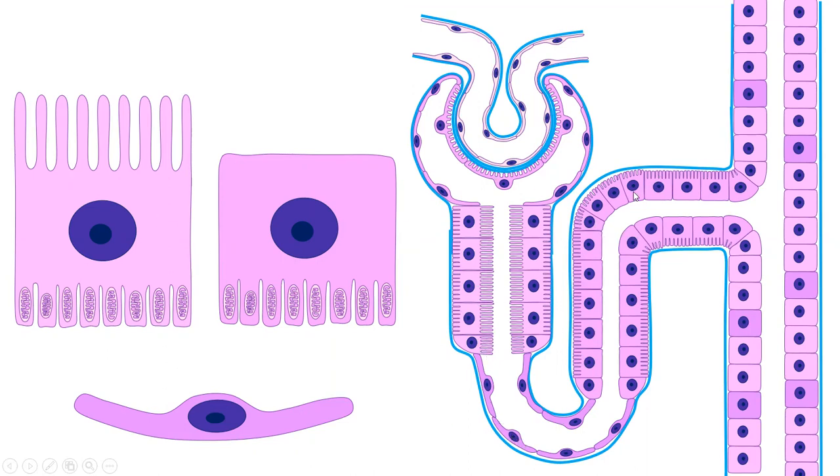And in proximal and distal tubules, we have cuboid epithelium, so epithelium is simple cuboid. And in thin tubule, we have simple squamous epithelium. So simple cuboid, simple squamous, and again simple cuboid epithelium. And in the collecting tubule, in the upper parts we have simple cuboid epithelium, and in the lower parts we have simple columnar epithelium because the diameter becomes bigger and cells are taller there.